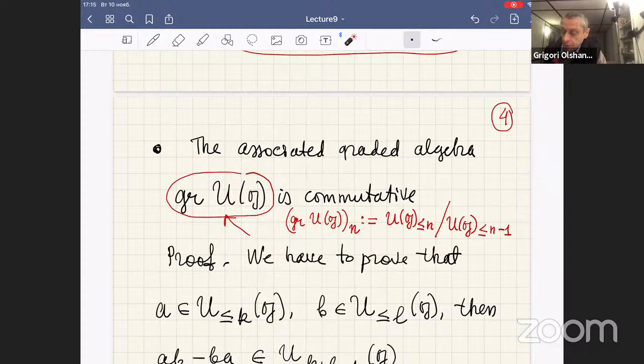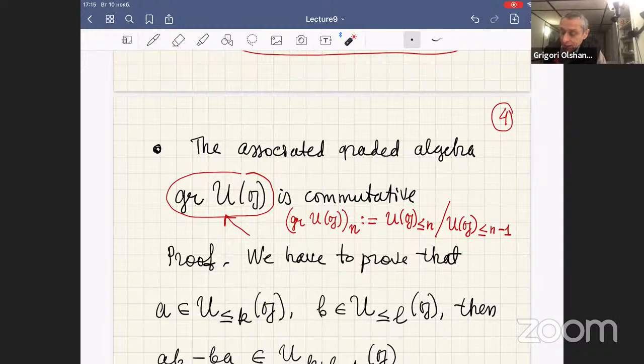So for any filtered algebra, we can replace U of G by any filtered algebra. This definition gives us a graded algebra. And the grading will be compatible with multiplication, meaning that the product of two homogeneous elements has degree equal to the sum of their degrees.